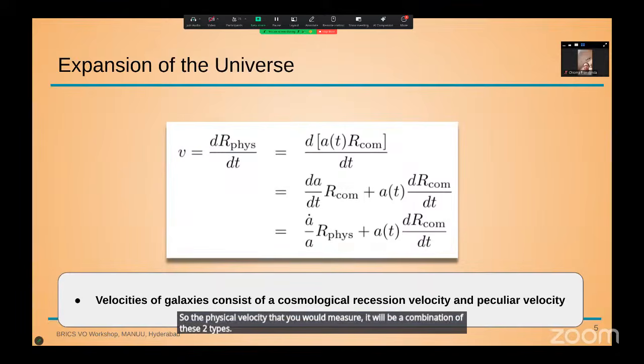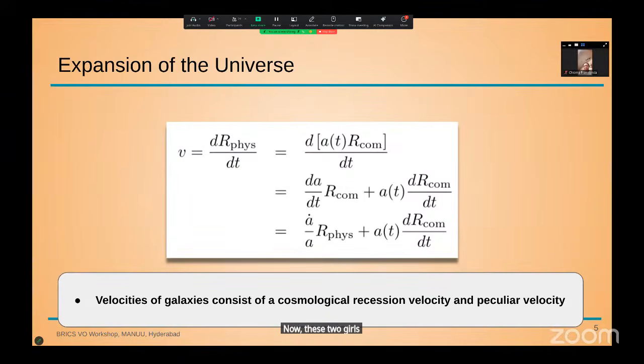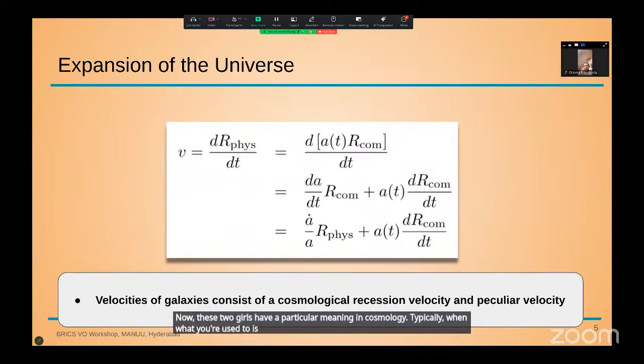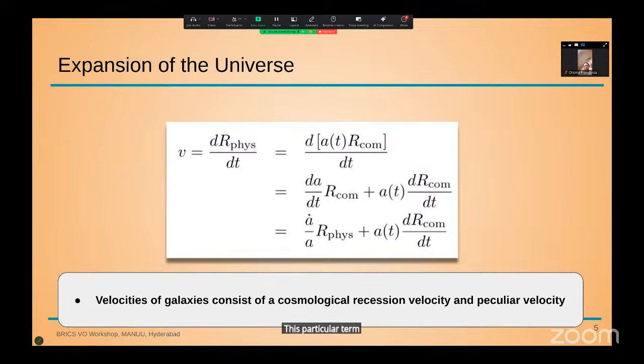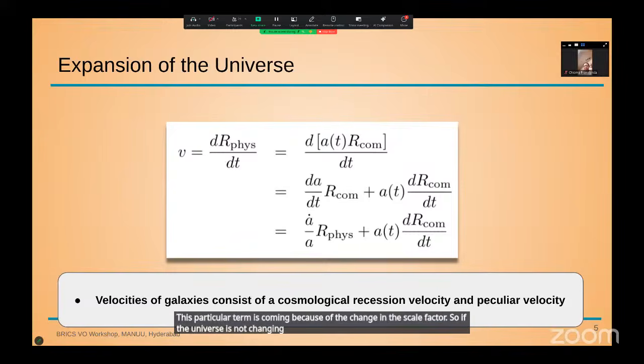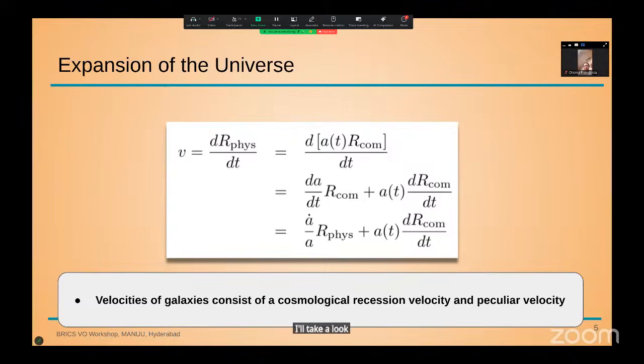Now, these two terms have a particular meaning in cosmology. Typically, what you are used to is just dr by dt as a velocity. In the expanding universe, we get these two different terms. This particular term comes from the change in the scale factor. If the universe was not changing at all, that term would have been zero. But because the universe is changing, you get this term. Now think about if objects on that ruler were also moving around.